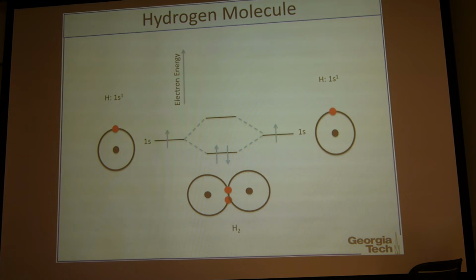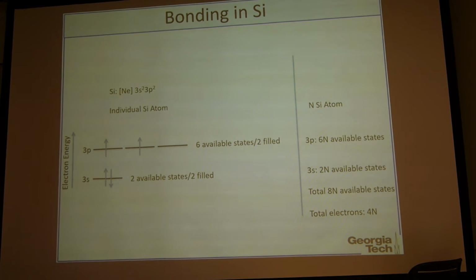Okay, so this is a simple example. Any questions? Now we need to look at silicon. Silicon can also have this kind of energy diagram. We look at the outermost 3s and 3p orbitals. Of course, there are some lower levels like 1s, 2s, 2p, but those are the core electrons.